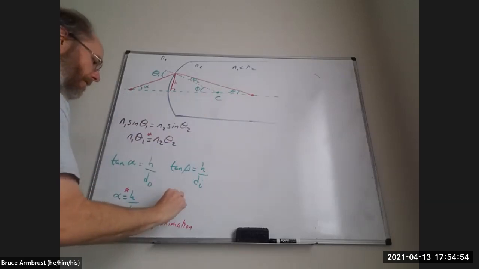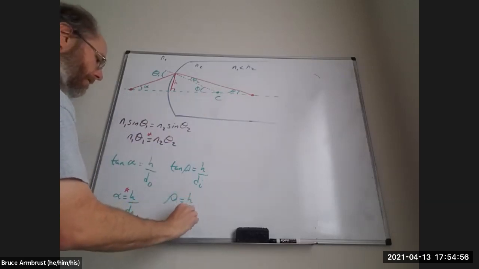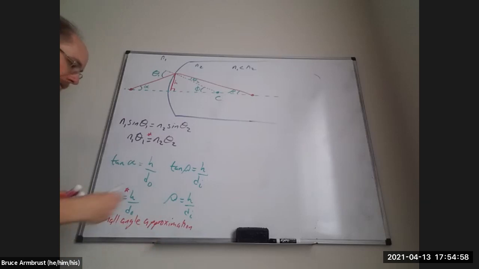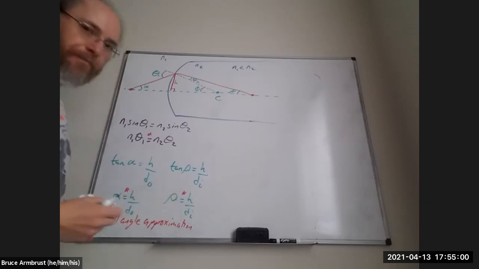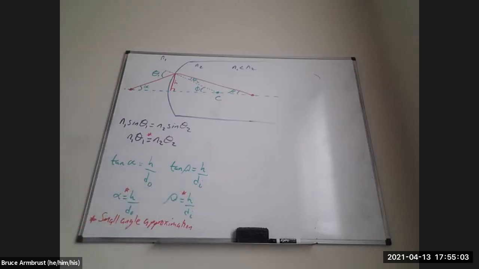So from the small angle approximation, beta is h over dI. Now I want to do the exact same thing for phi.